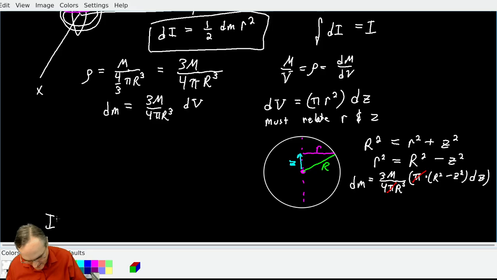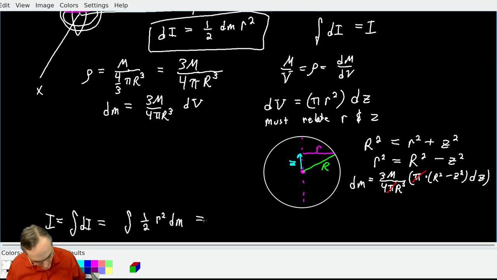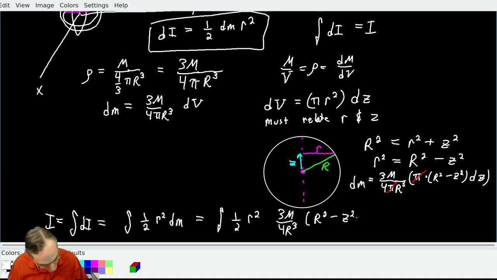When we find I, it's an integral over all the individual dI's. So integral over 1/2 r squared dm, which is going to be an integral over 1/2 r squared, and then we get our dm, 3m over 4 full radius cubed. And, you know, I shouldn't have bothered substituting in for the little r squared because hopefully you see we're going to have to do it again.